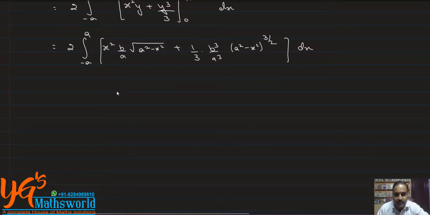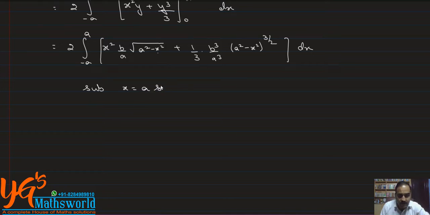Now to solve this type of question, since we have root of a square minus x square, here we will use the substitution method. So substituting x is equal to a times sine theta, such that dx will be equal to a times the derivative of sine theta, which is cos theta, into d theta. Now what about the limits? When I arrange this again in terms of even and odd, it will be multiplied by 2, and the limit will be from 0.